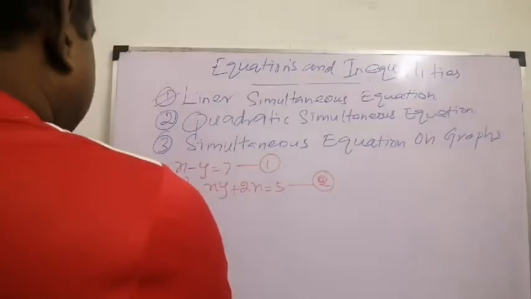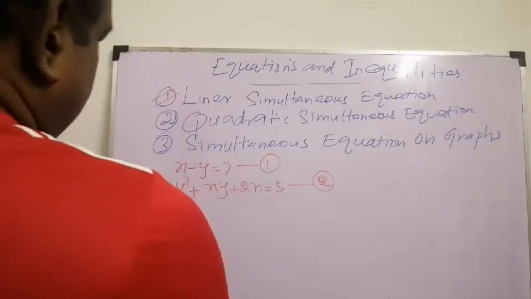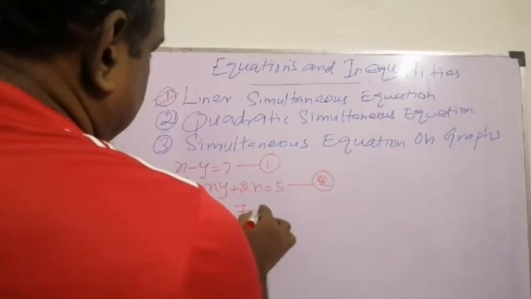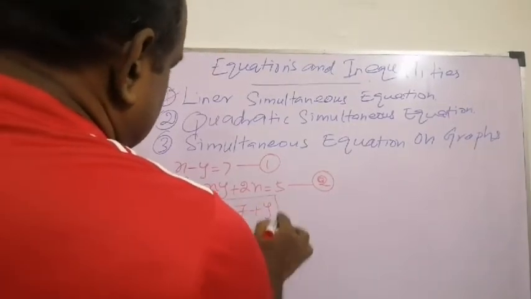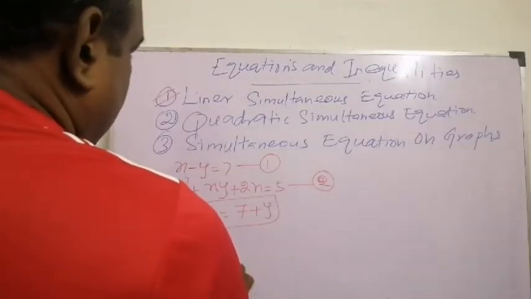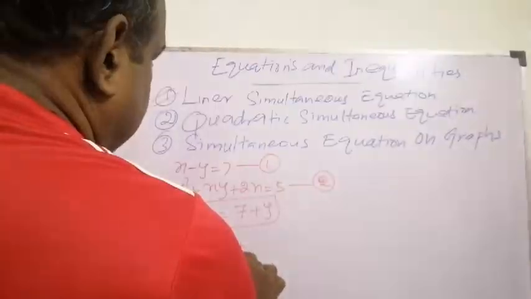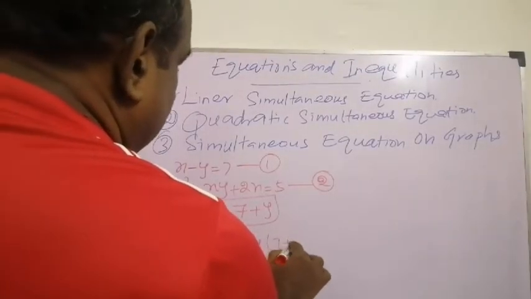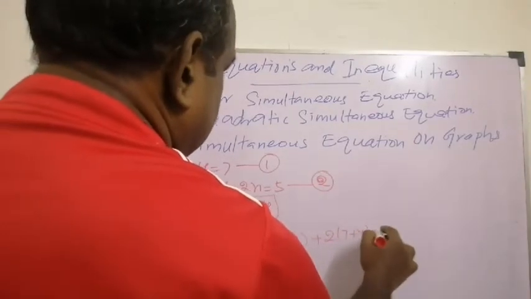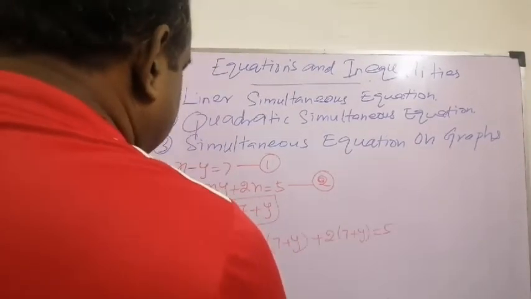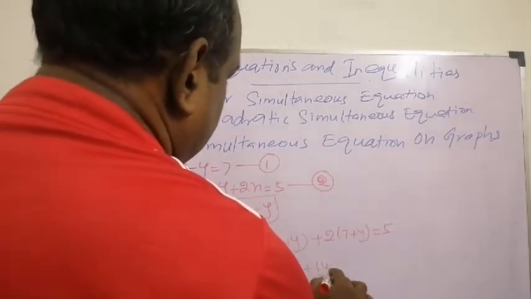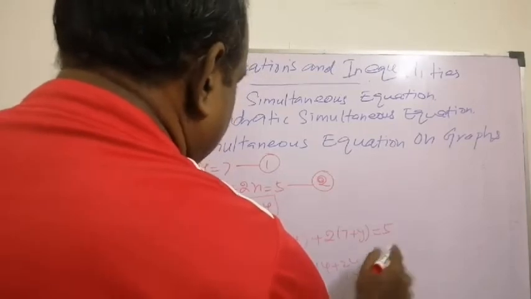From equation 1, you first have to do the substitution way: x is equal to 7 plus y. Substitute this into equation 2. So y squared plus y into 7 plus y for x, plus 2 into 7 plus y is equal to 5. So y squared plus 7y plus y squared plus 14 plus 2y is equal to 5.